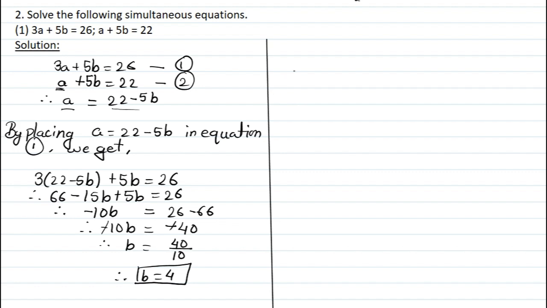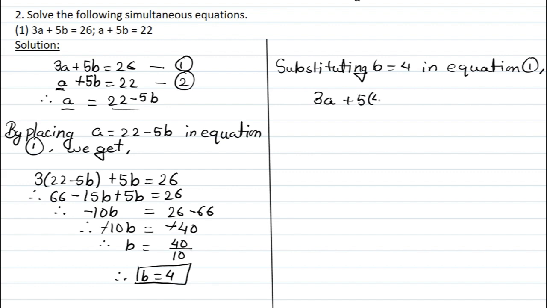And by substituting b equals 4 in equation 1. I'm just taking equation 1. You can choose any one of these equations. 3 times a plus 5 times 4.